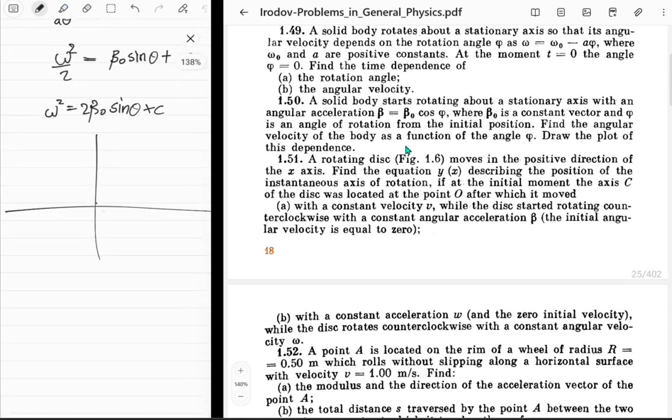When sine theta is 0, it's 0, but you actually go up by c, whatever c is. If you want to take square roots, then this should be positive everywhere, or at least in the range of t that we are dealing with. So maybe like this. Looks like a good sine graph.